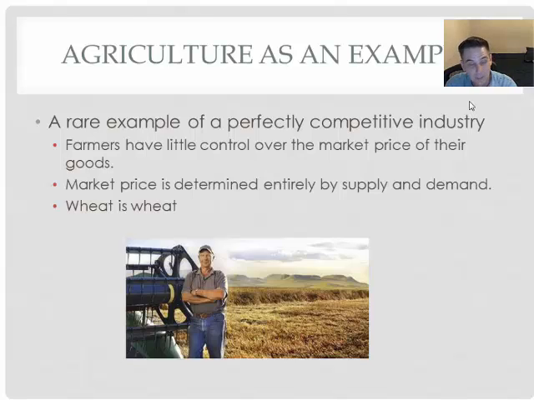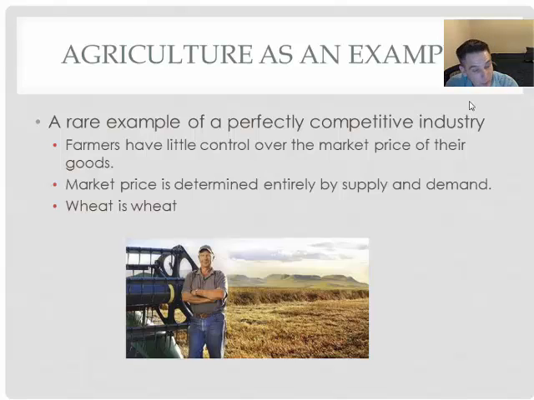So market price is entirely determined by supply and demand. What people actually are eating in wheat, products made from wheat, and what's actually available, which also farmers have very little control over because they can't control things like weather and droughts and stuff like that, or bug invasions. They can try to fight some of these things to a certain extent, but they can't stop them from happening in the first place. So market price is determined entirely not by any seller.